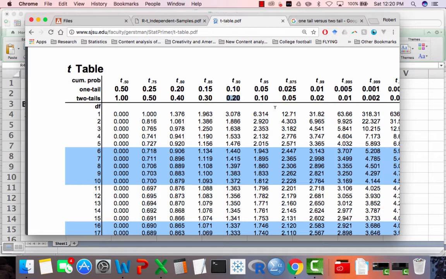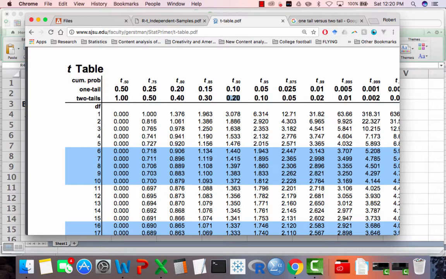So basically, the bigger our probability level, the less confidence we have that our result is real. And the lower this p-value, right? If we had a p of .01, that would give us a lot more confidence that the difference we're observing between the two groups is real.